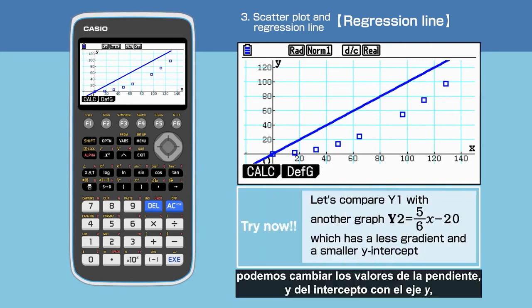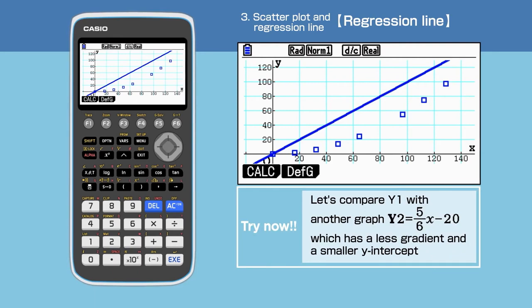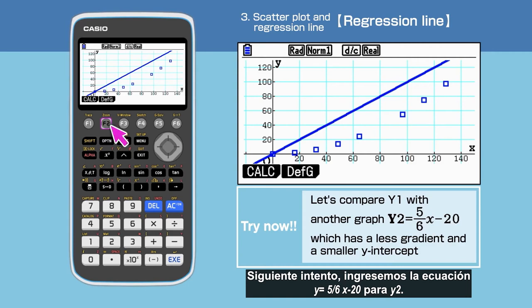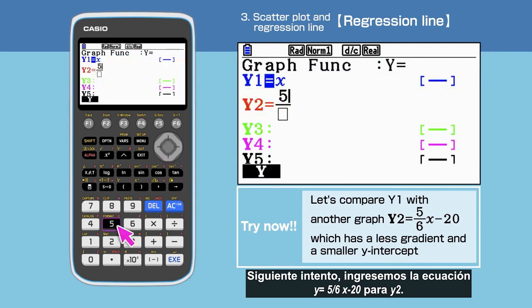We can change the values of the gradient and the y-intercept so that we can get the line closer to the points. Next attempt, we try the equation y equals 5 over 6 x minus 20 in y2.